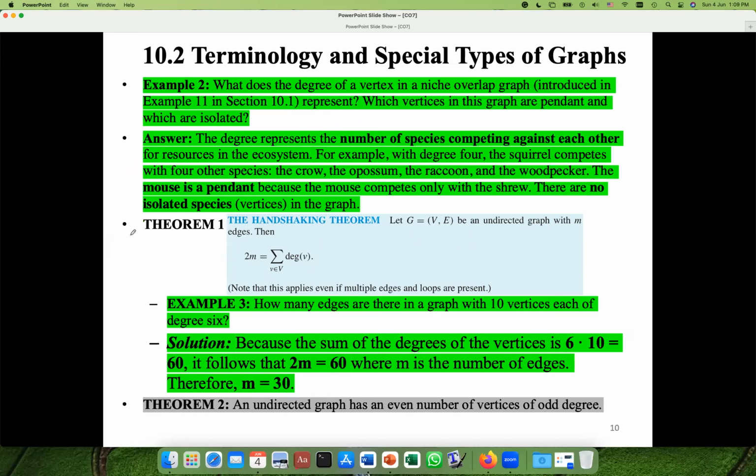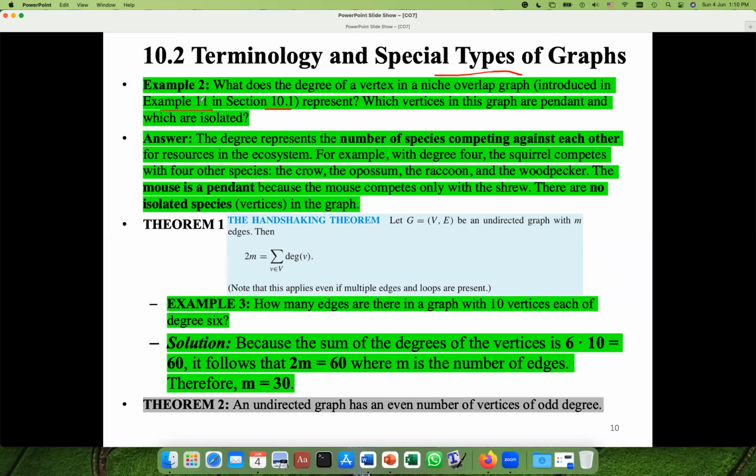Now there is an example, and in this example we have a question: what does the degree of a vertex in a niche overlap graph represent? That graph is example 11. Previously, in section 10.1, we saw example 11 of hawk, squirrel and species, a graph about species.